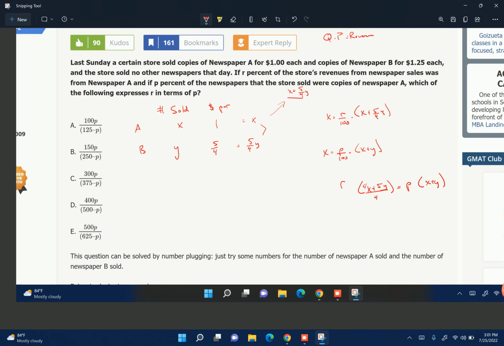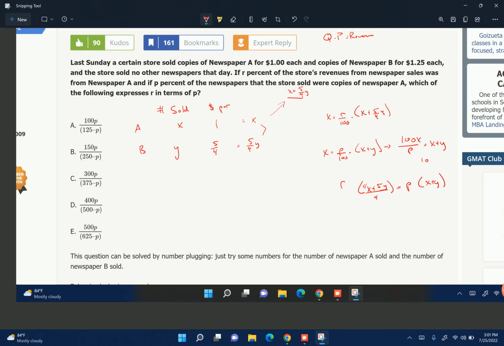But then what I also want is to make X and Y go away so I can put everything in terms of R and P. So maybe I'll solve one of these over here for Y. Okay, so solving for Y here, 100 multiplied by X, and then divide by P, so 100X over P equals X plus Y. That's me solving this one.